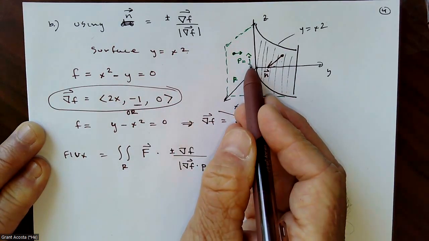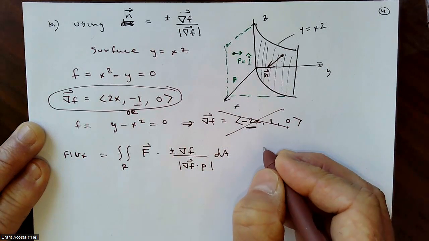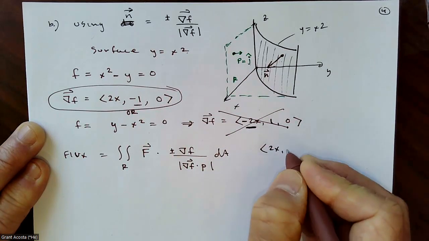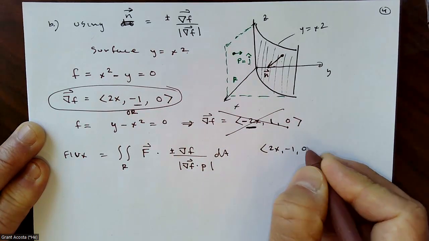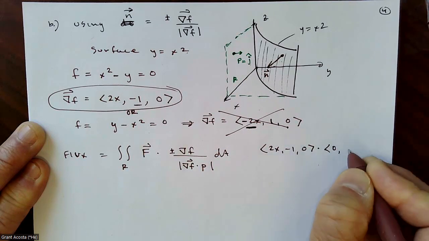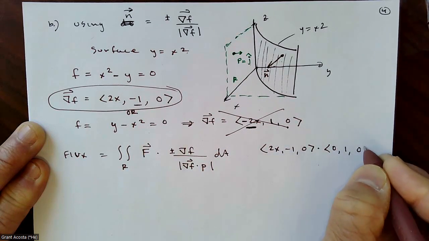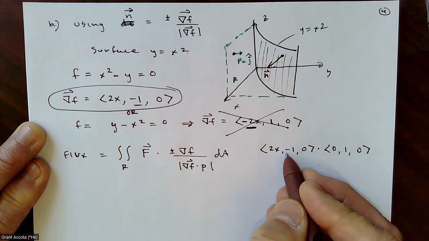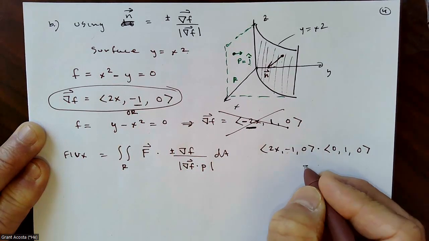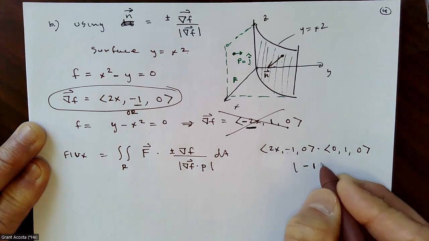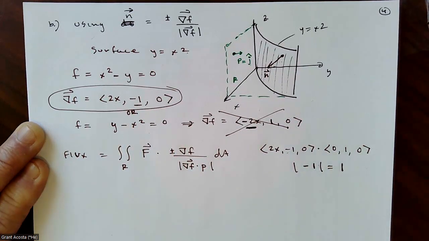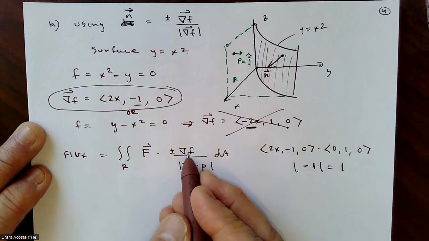My p is going to be j, so if I take 2x, negative 1, 0, and dot it with 0, 1, 0, I'm just going to get negative 1, and the magnitude of that is just going to be 1.